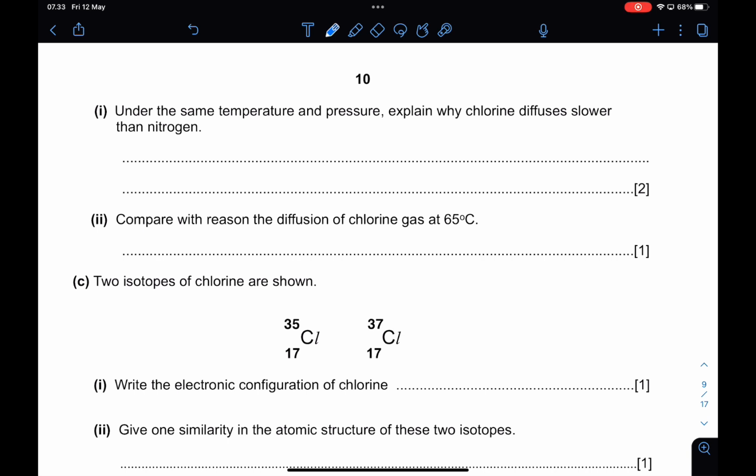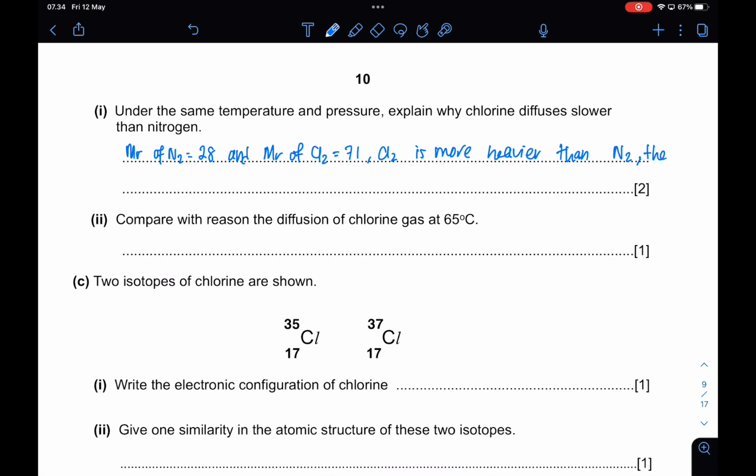Now let's try to answer the question. Under the same temperature and pressure, explain why chlorine diffuses slower than nitrogen. This is related to relative molecular mass. So I'll write down: the relative molecular mass of nitrogen is 28, and the relative molecular mass of Cl2 is 71. Cl2 is heavier than N2.